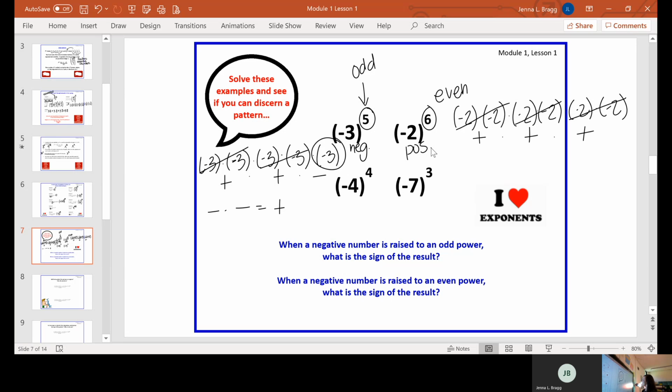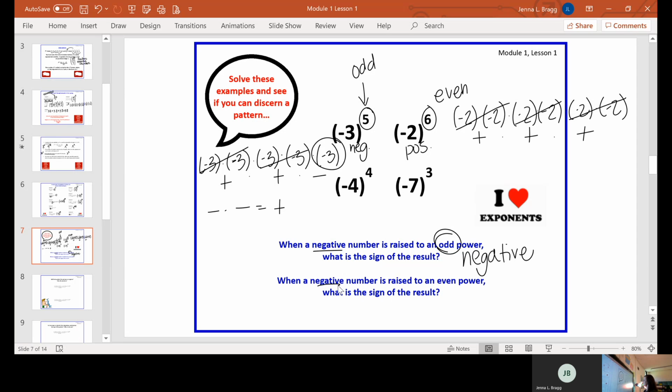So now we know that when a negative number, only the negative numbers, is raised to an odd power, then the result is negative, because you're left with one negative multiplied by all the positives that you were able to cancel.